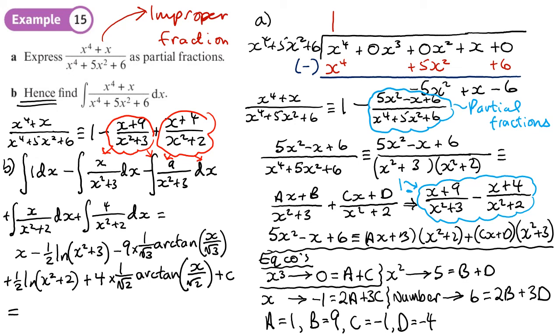Probably a little tidy up at the end if there's things that we can put together. So the x remains on its own. These log terms, so basically have the log of this divided by the log of this, so we'll put our half at the front, and then it'll be the log of our second one, which was the x squared plus 2 divided by x squared plus 3, so that's these two terms put together, that divided by that.